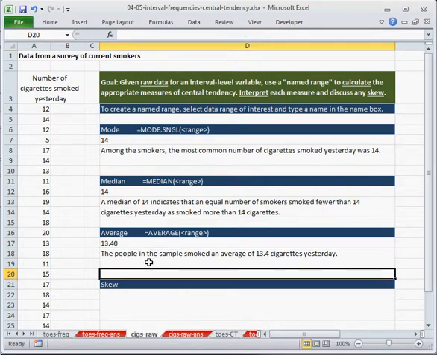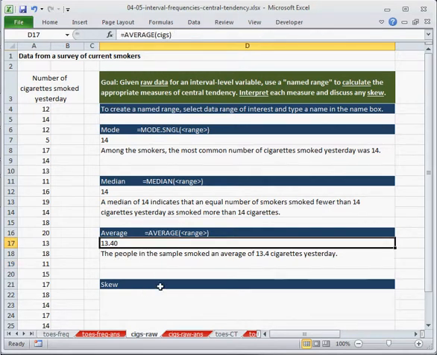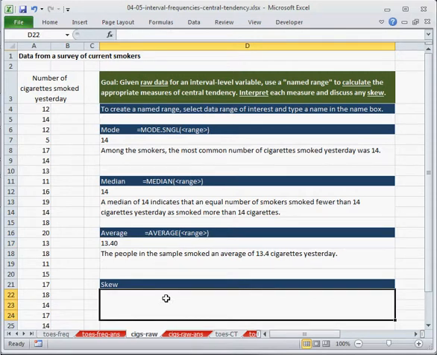That's what the average or the mean is telling you. What was the average? And that's a pretty commonly understood term. The average is just adding up all of these and dividing by the total number of cases. That's all it's doing.